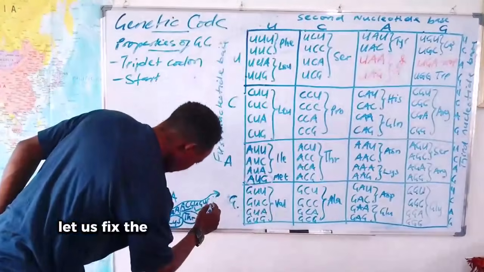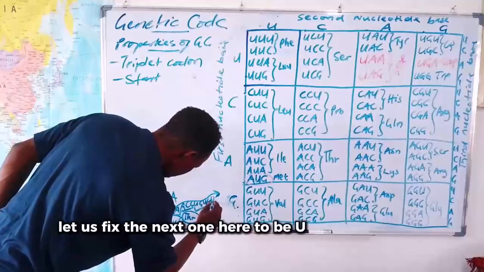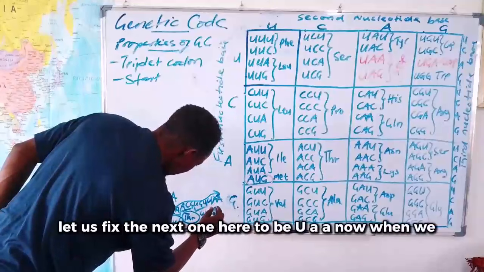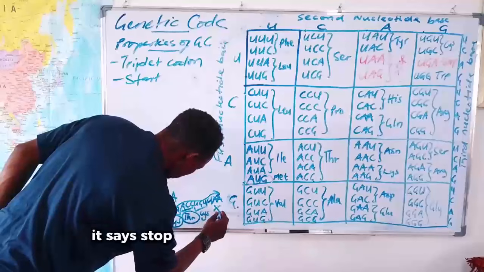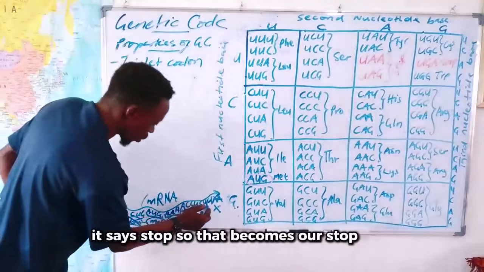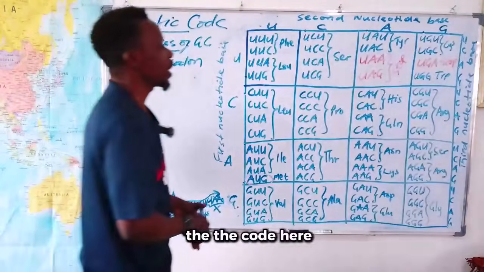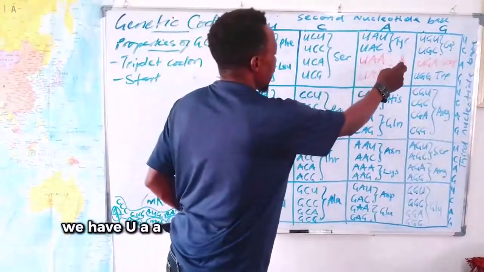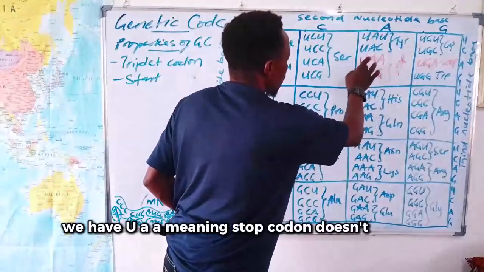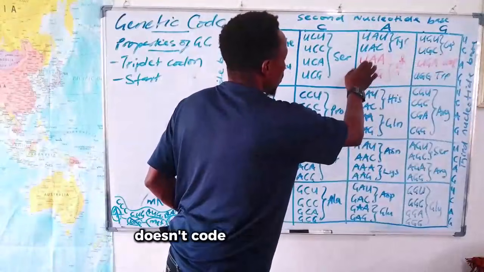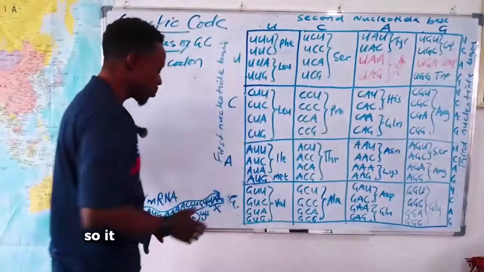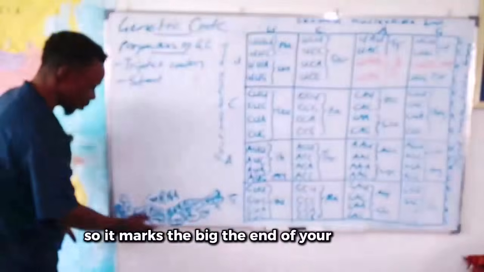Let us fix the next one here to be UAA. Now when we fix that UAA, it says stop. So that becomes our stop codon. According to the board, the code here UAA means stop codon. It doesn't code for any amino acid, so it marks the end of your translation.